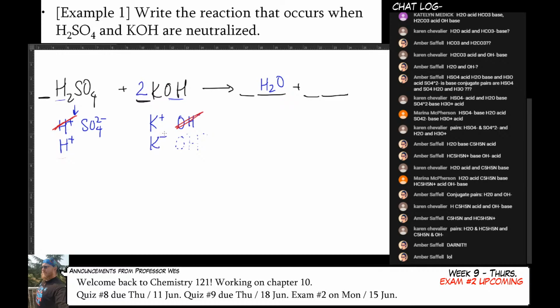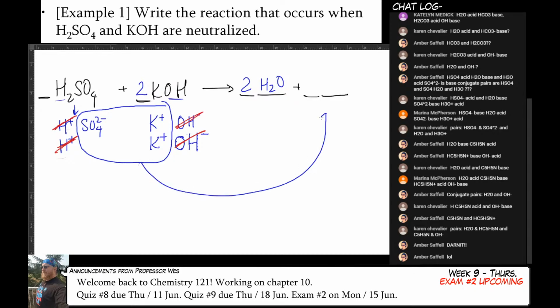So I get an additional K plus and an additional hydroxide. Which means that I can then do this. And now I've reacted all of my H plus with OH minus, so the reaction will be balanced when I'm done. I made 2 water, so I'll put a 2 up here. And then once you are at this point, everything that is left is the salt.